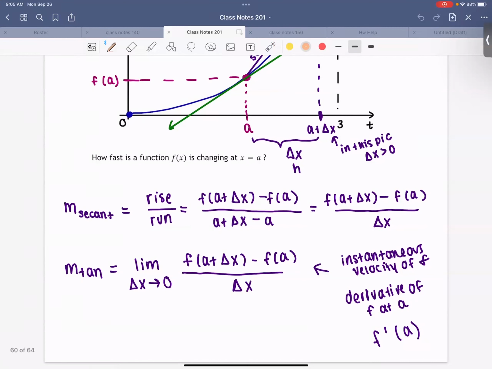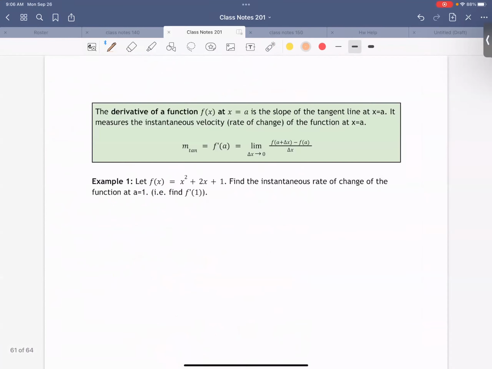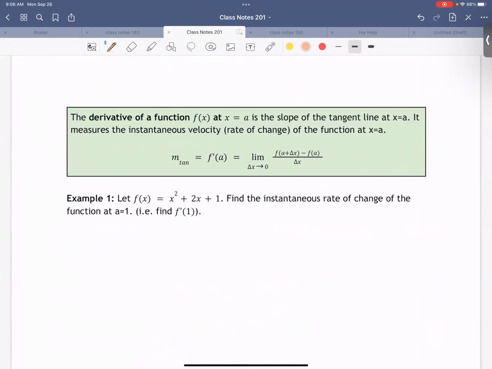If the original function is y, we also might call this dy over dx, or d over dx of y. Some other ways that we might say this. So in other words, the derivative of a function f of x at x equals a is this value.